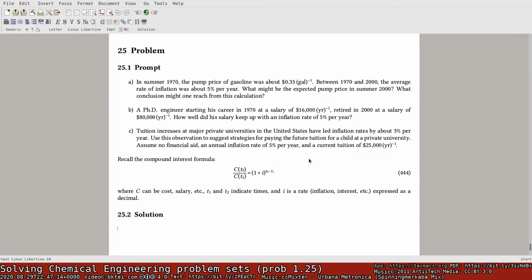So, let's say as much for part A. It should be assumed that the rate of inflation is the increase in cost of a basket of consumer goods over time per year.